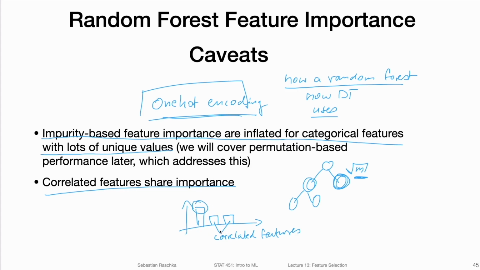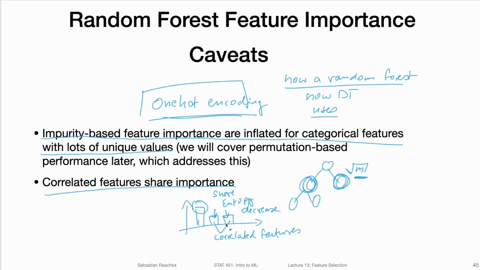However, because they are perfectly correlated, there's a random chance to pick this one or this one for splitting a node. So in this way, they also share the entropy or impurity decrease, right? Because you use either one or the other, but not both at the same time.